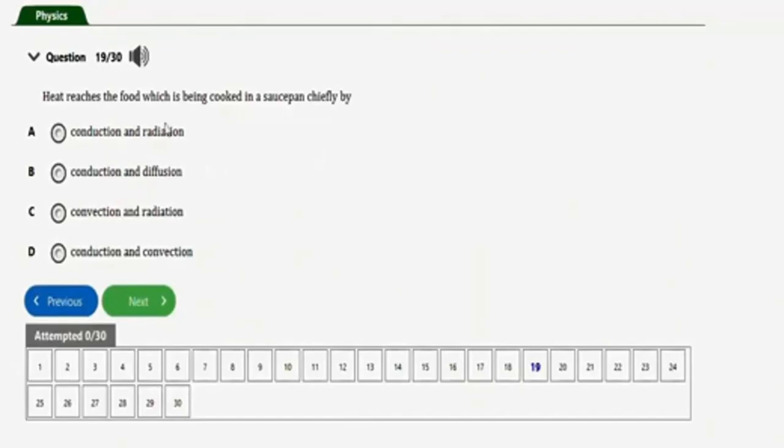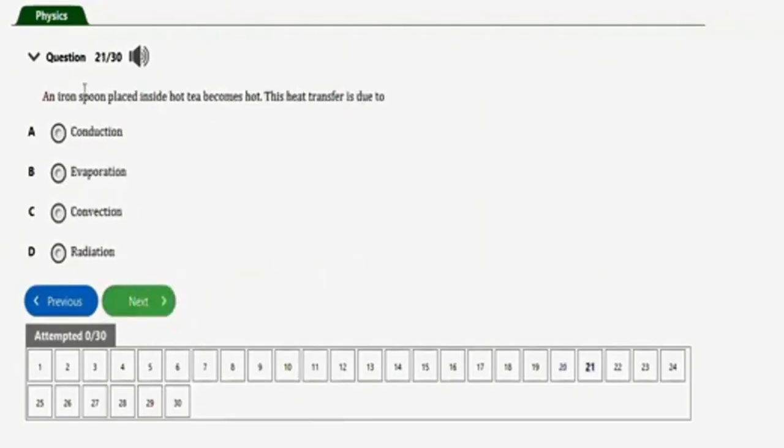Heat reaches the food which is being cooked in a saucepan chiefly by conduction and convection. So let's go to the next repeated question, which is this one. It says, in the molecular explanation of conduction, heat is transferred by, I think we have answered this question before. The correct option is option C, free electrons. So let's go to the next one.